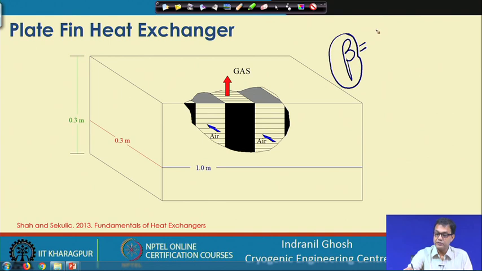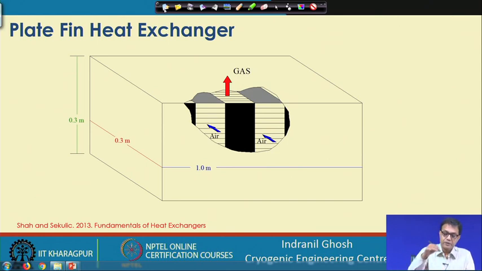Basically, this beta we talked about in the very first class. This is nothing but the heat transfer area per unit volume, and we will now calculate the volume between the plates for each fluid stream.